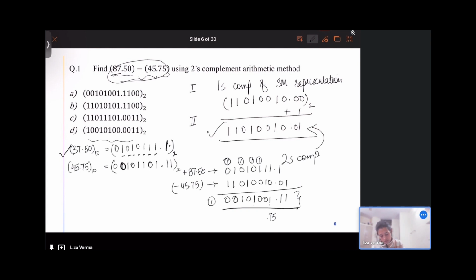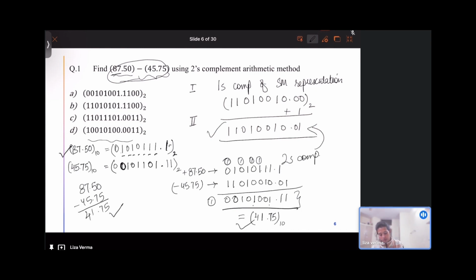Yes, 9 plus 32 is 41. 41.75, and let's see what 87.50 minus 45.75 is. 0.75. These two match up, so our answer is correct. This is just a proof check.